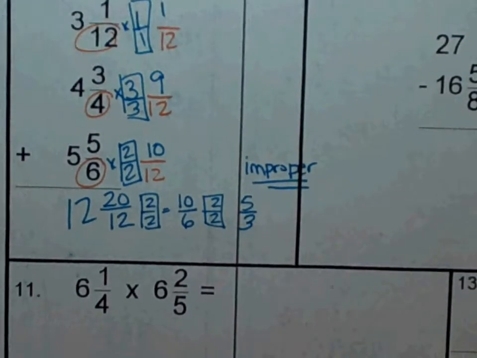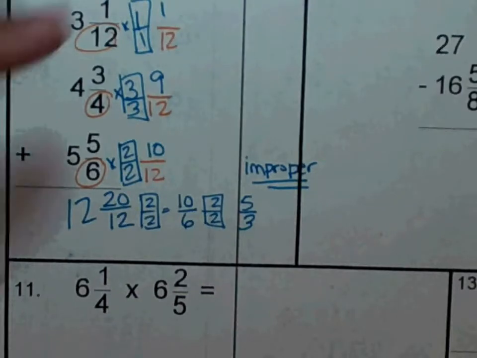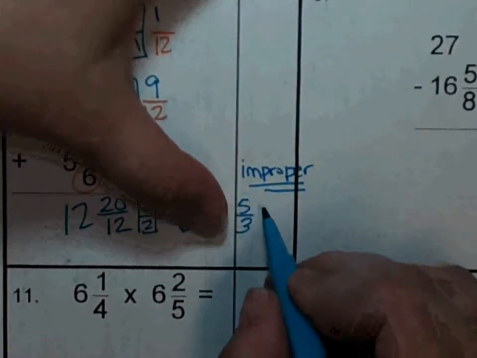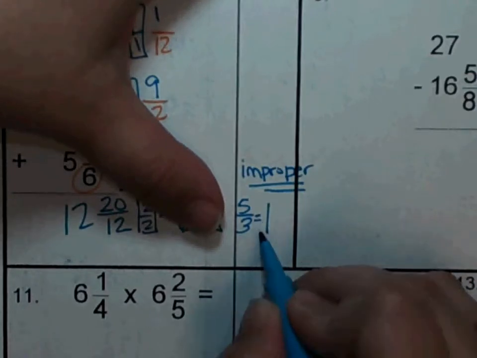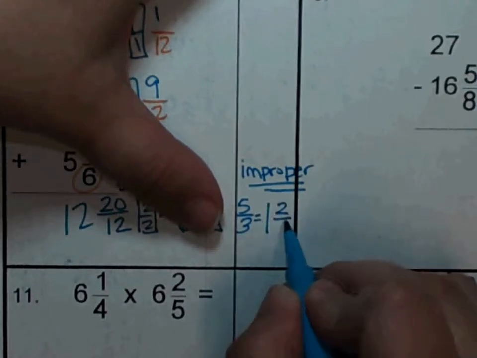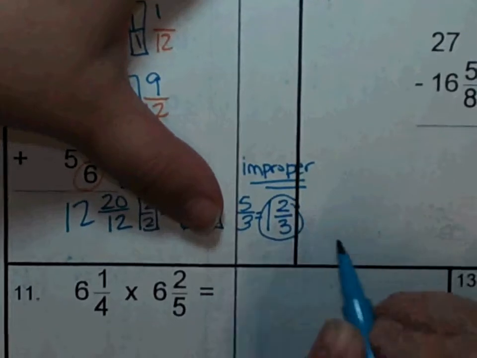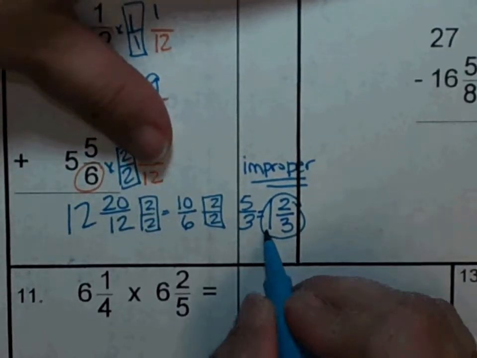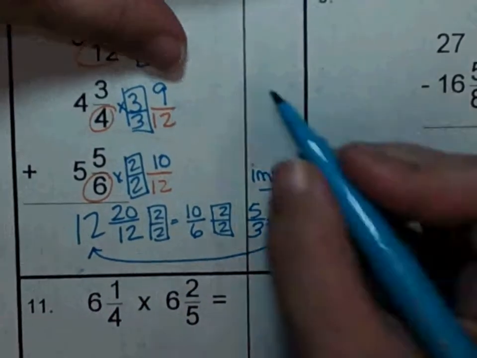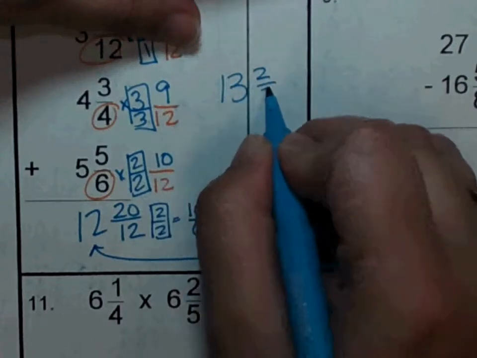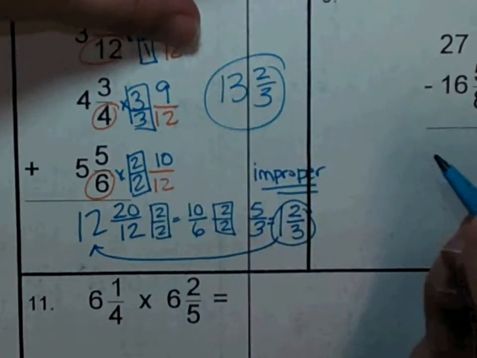You do not walk around with a head bigger than your body. That would be improper, so we have to fix it. So, how many 3's go into 5? 1. What would be left over? 2 thirds. So 1 and 2 thirds plus, go back and add your other 12. So your answer is actually 13 and 2 thirds, sorry.